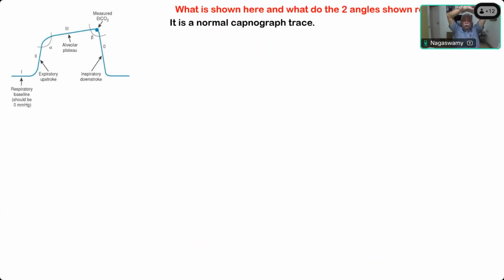The second part of the question: what does the alpha angle represent and what does the beta angle represent? Alpha represents the dead space. Very good. And beta represents the maximum end-tidal carbon dioxide concentration, which includes the dead space and the alveolar CO2.